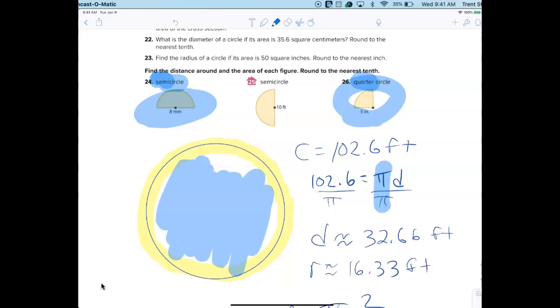That's a very good question. To me, if I was looking at that, that's saying the whole thing, so the diameter is 8 millimeters. Diameter is 10 feet here. But this is the radius because it's only showing that part of it.